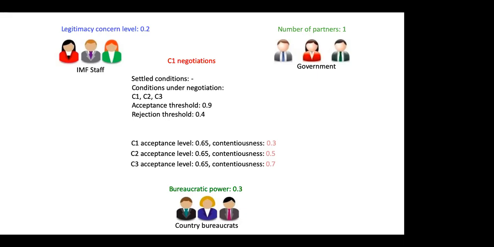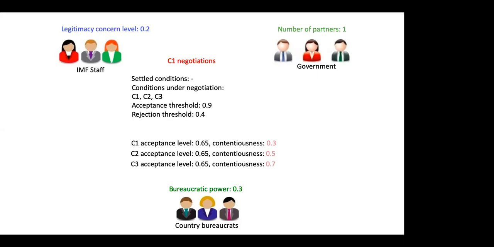All conditions initially have the same acceptance level, which is set to 0.65 here, and different levels of political contentiousness. The borrowing country bureaucrats really act as an intermediary between the IMF staff and the government. The discussions between the IMF staff and the bureaucrats always result in an increase in the acceptance level of a condition. The amount of increase is determined by a random variable normally distributed with a mean equal to the legitimacy concern of the staff, which is a function of the executive board's concerns regarding a previous program.